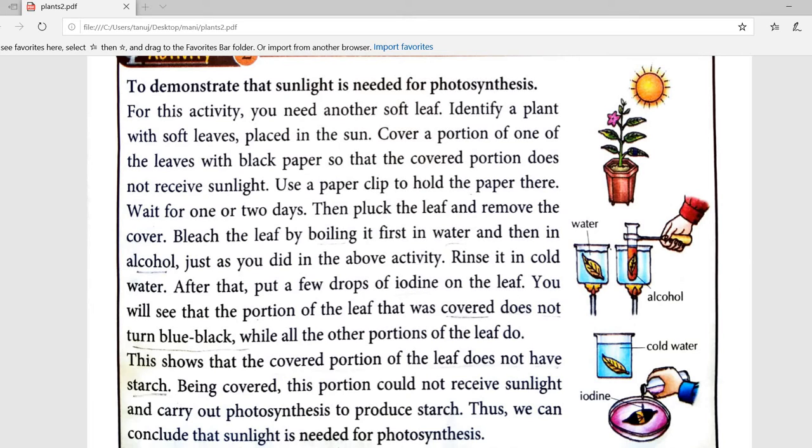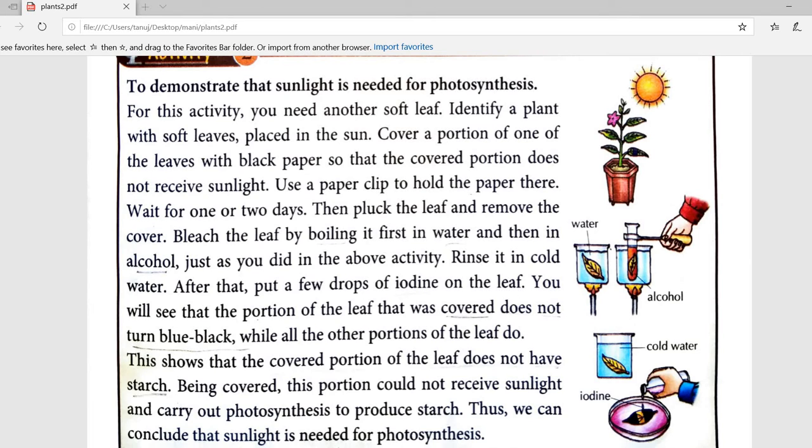Now come to the second activity. In this activity we can show that sunlight is important for photosynthesis. How can we show it? We can take a plant and cover one leaf, or a portion of a leaf, with black paper.